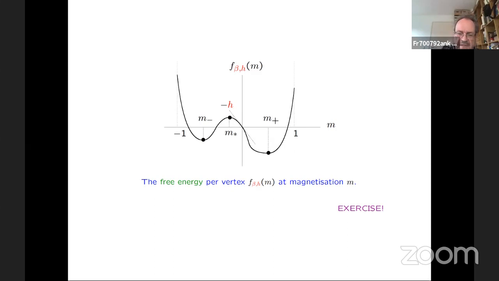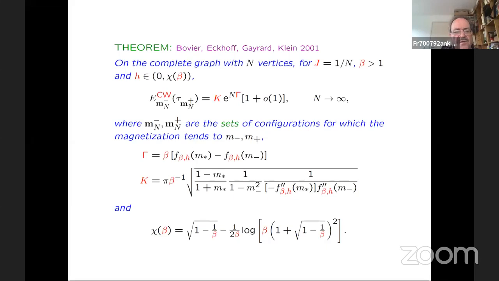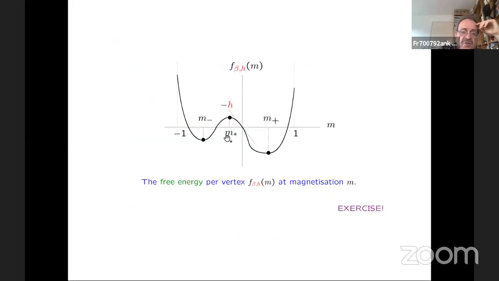So we're having this setting here, and I can now state the theorem as we know it, and after this theorem, we're going to take a brief break. And the theorem says, if I take sets of configurations for which the magnetization is close to these minimal magnetization, so this is not a bold face, these are numbers in the unit interval.